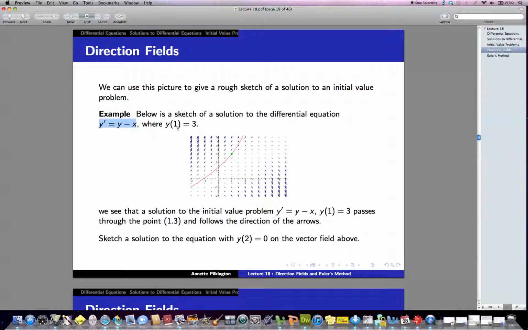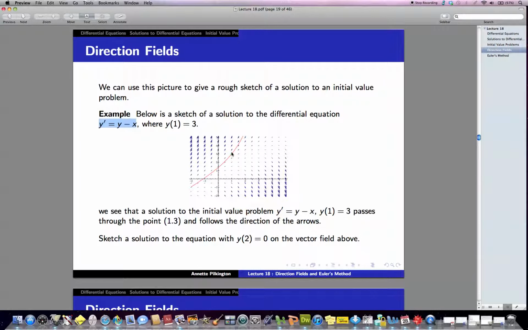And suppose you're asked to solve the initial value problem where y of 1 equals 3. So you're looking for that unique solution that passes through the point 1, 3. Well, you can figure out where this point is on the plane, and you can see what's happening, the arrows at that point.